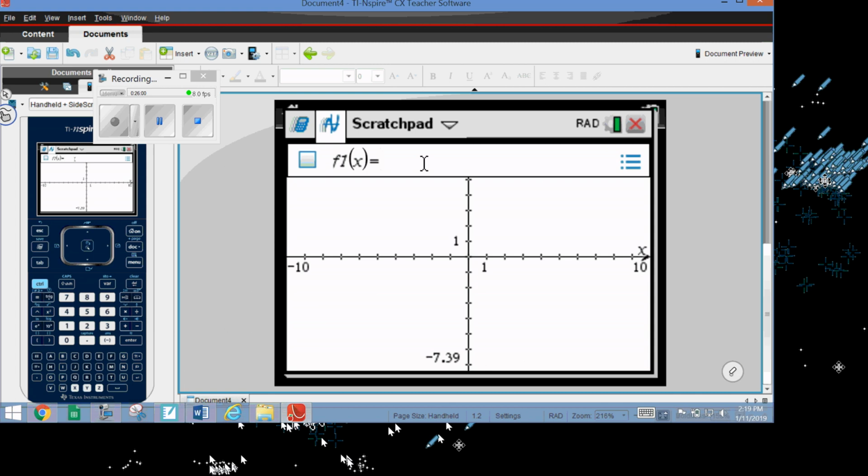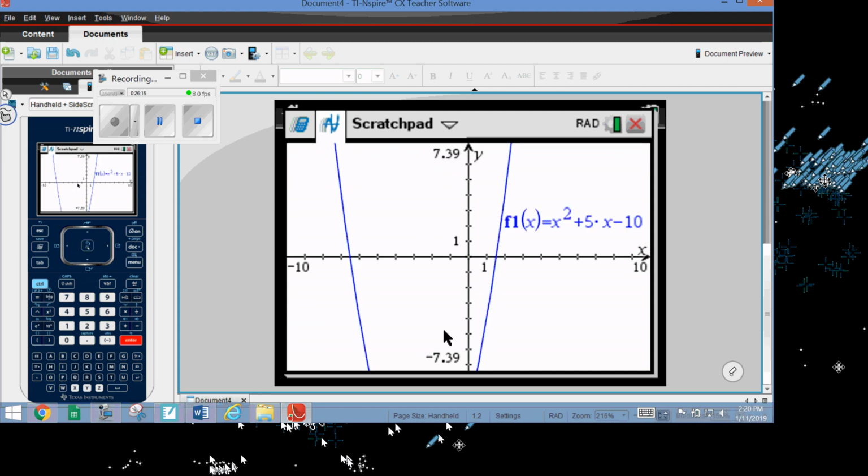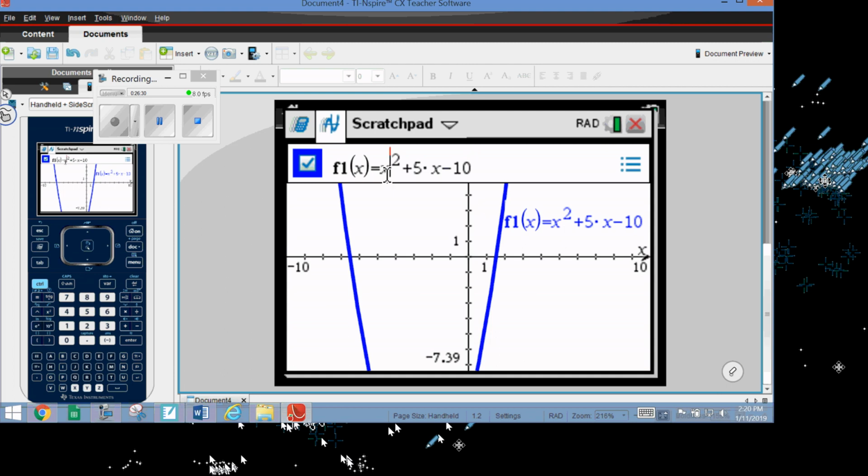For example, a random one, x squared plus 5x minus 10. Does it have a maximum or minimum point? I'm just reminding you how to find the maximum or minimum value. So let's change this one. Just make this one negative.